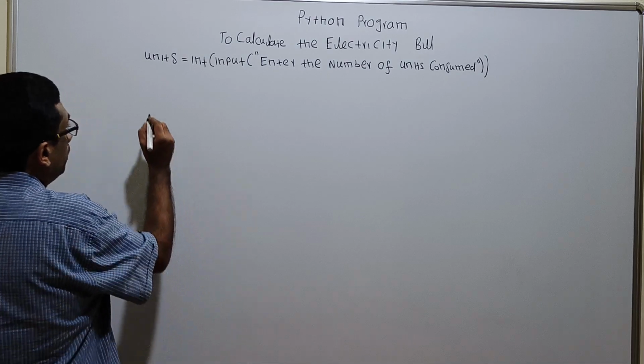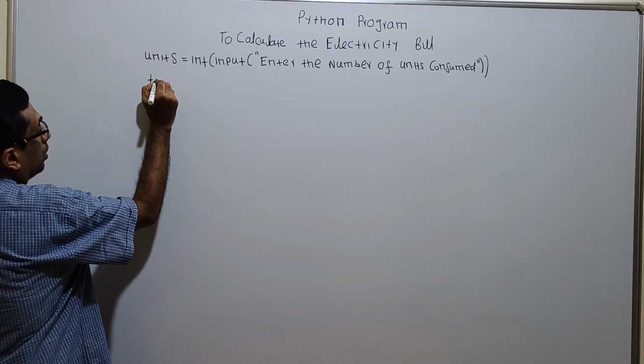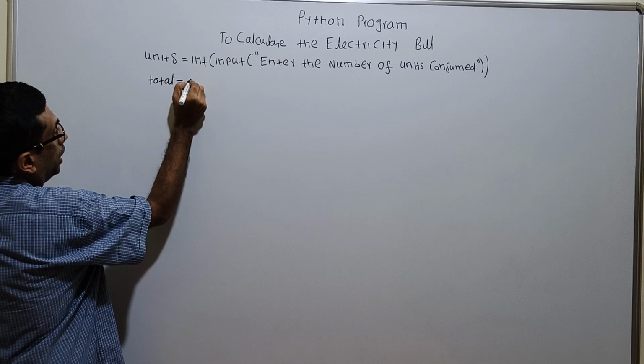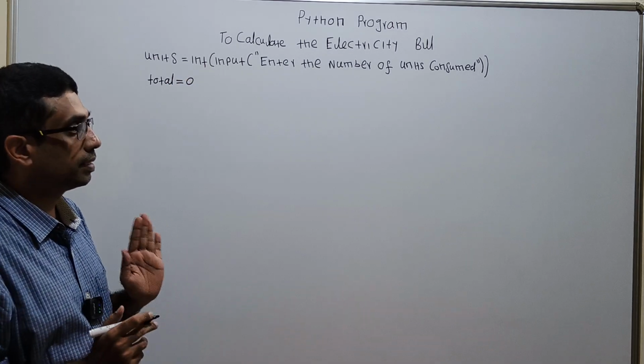Now I am initializing a variable total equal to 0. The electricity charges are like this.